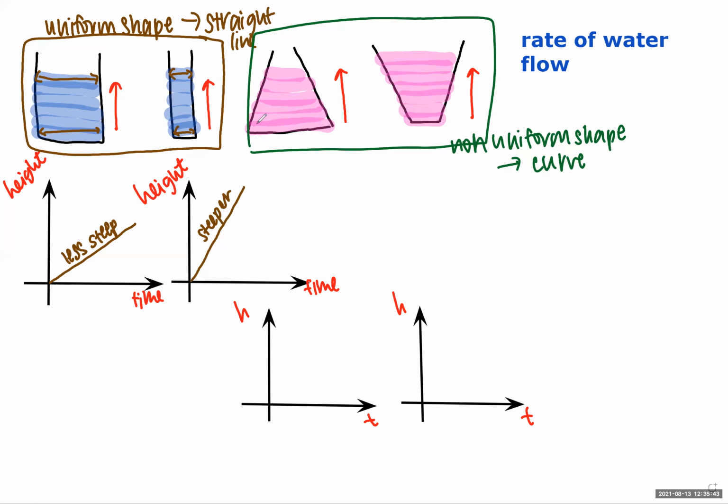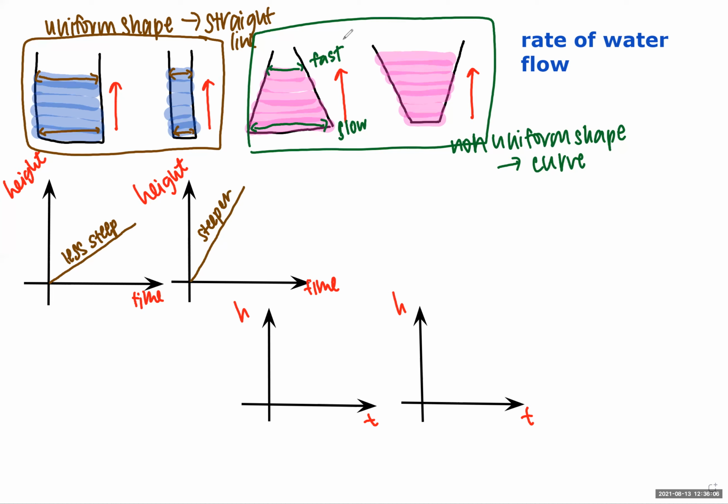So the one in green means this. You can see, right? The water at first needs to cover a bigger surface area, but on top, it has to cover less. It means that it takes a slower time to fill up the bottom, but once it hits the top, it's going to get faster.